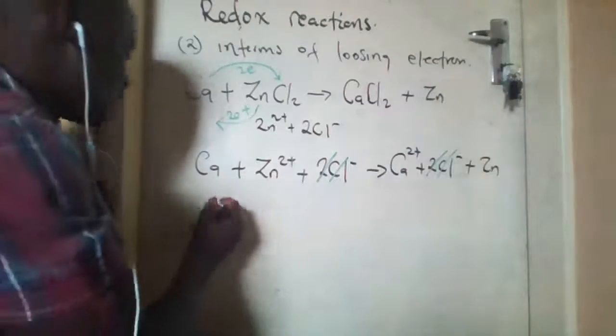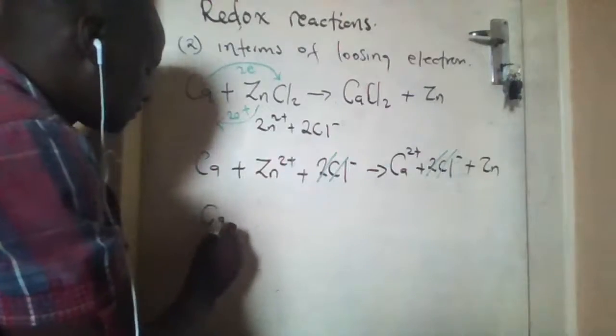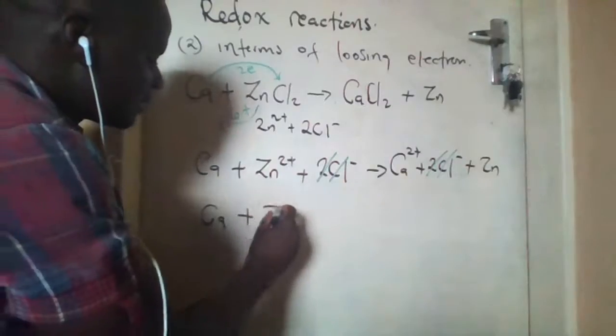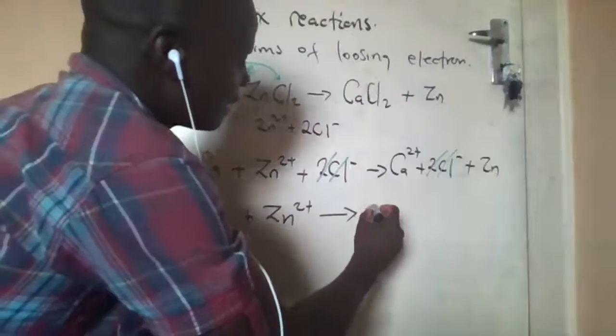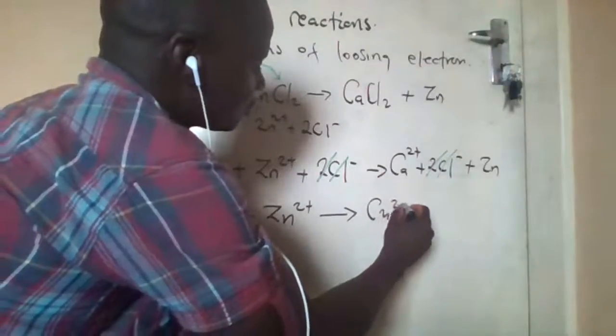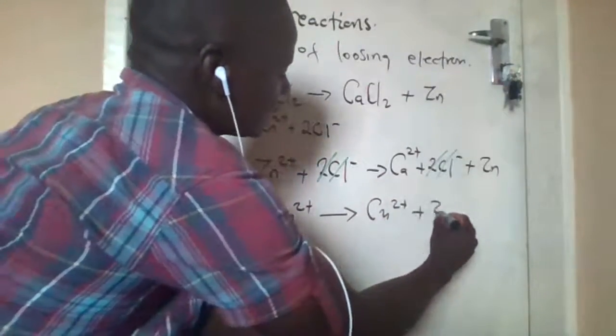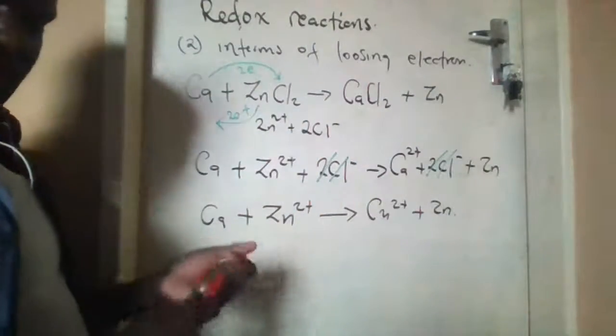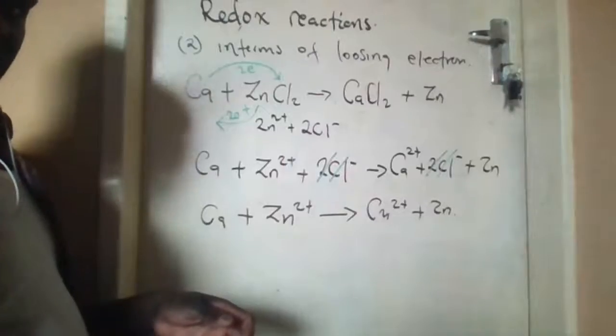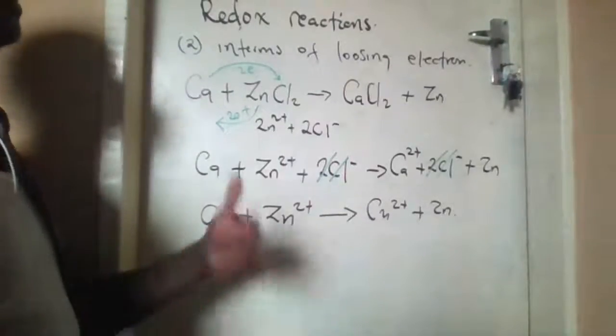And once we have that, now we're going to have calcium plus Zn 2 plus, then Ca 2 plus, then plus Zn. Now, why in the first place did I not consider the Pb? It is because the Pb had the oxidation state reducing.